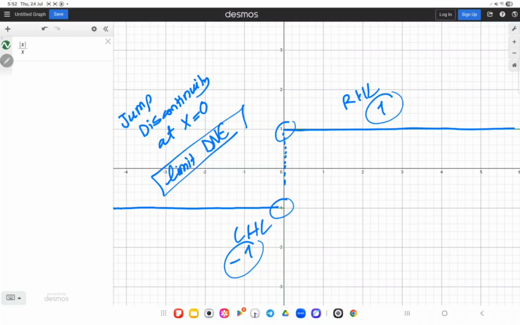Let's talk about something new called oscillating functions. If the question says find the limit as x approaches 0 of sine of 1 over x, let's use Desmos to look at the behavior of the function.